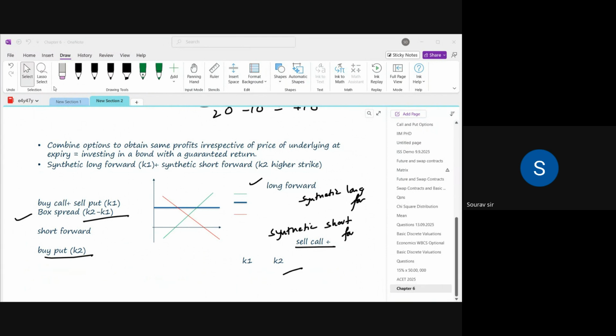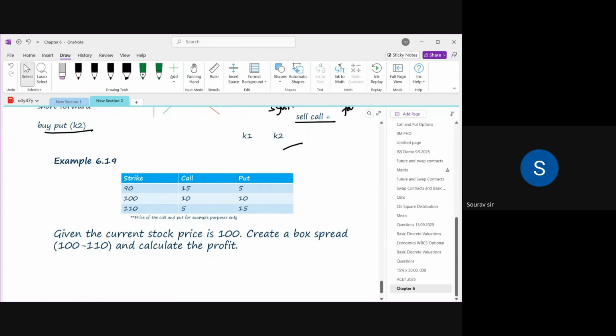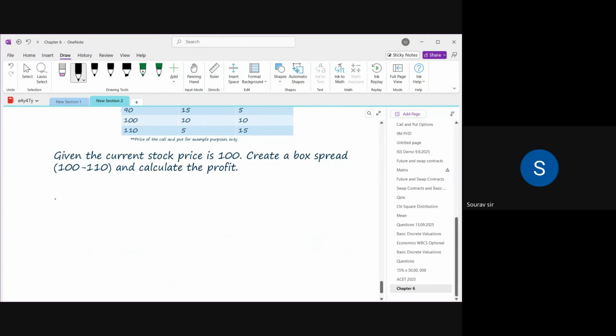So slide number 56. Calculate the current stock price and create a box spread. How do we do this? 90 to 100 and 100 to 110. So we need to construct a box spread, which is bull plus bear. So what is the bull call spread? 100 to 110.